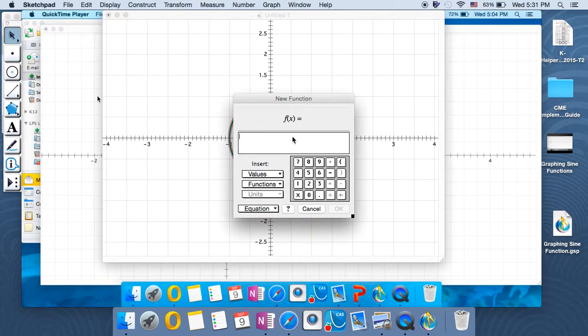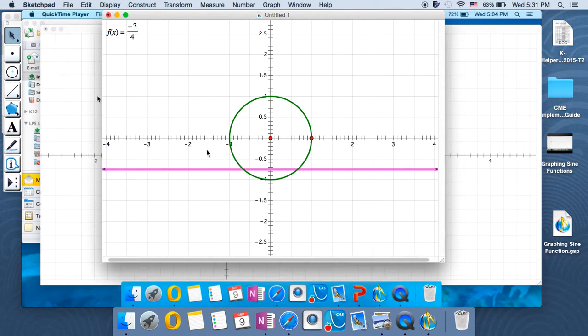Function y equals negative 3/4. This is the line, right? And as you see, there are two intersections. In algebra 1, we have learned that these two are actually the solutions. So, let's look at this.